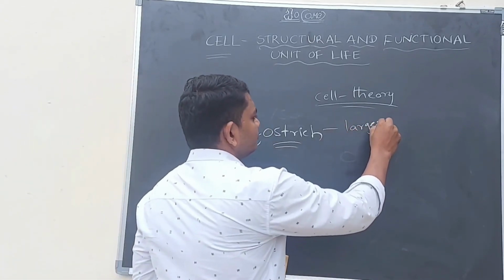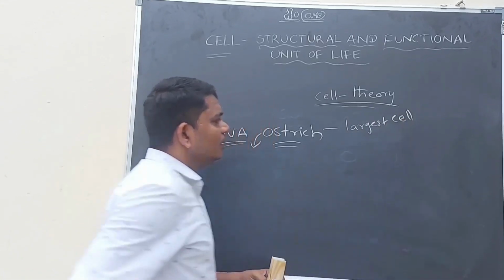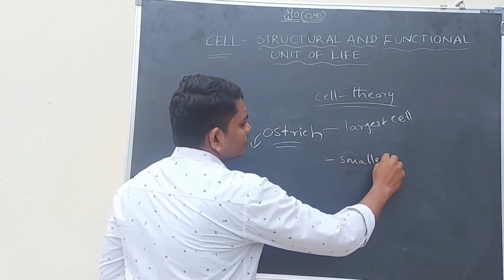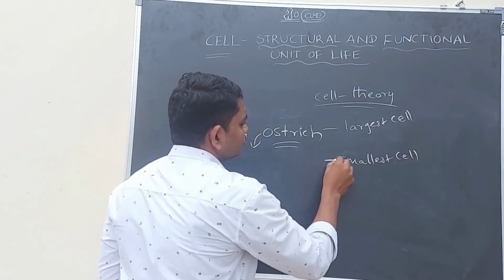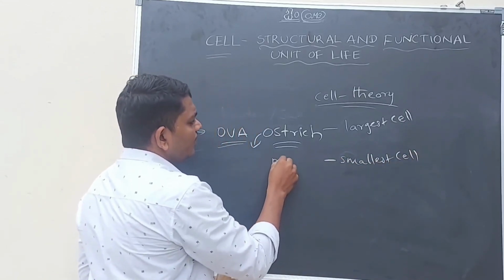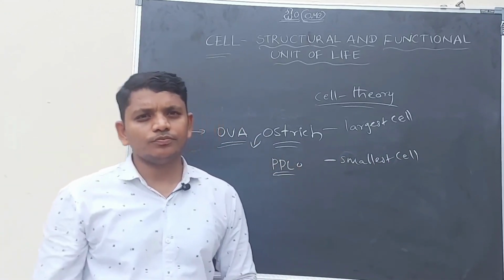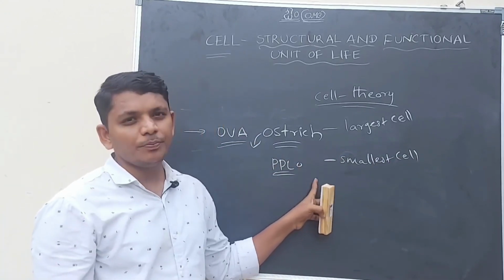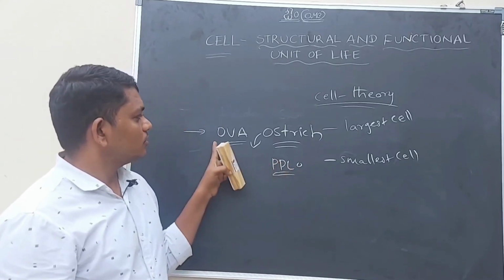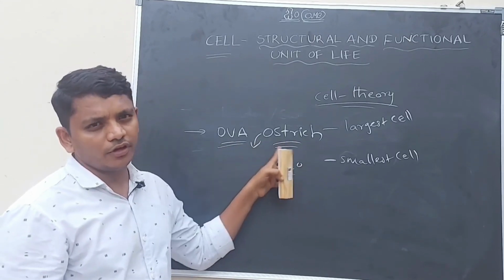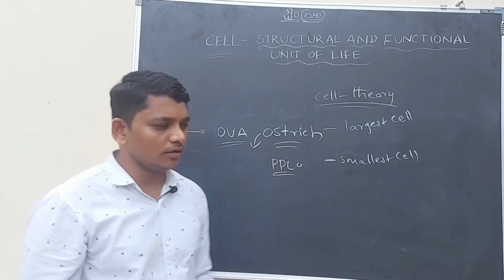And the smallest cell is PPLO. The smallest cell is PPLO, and the largest cell is the ovum of the ostrich, or egg of the ostrich. This is the largest cell.